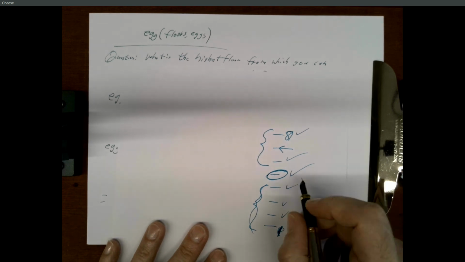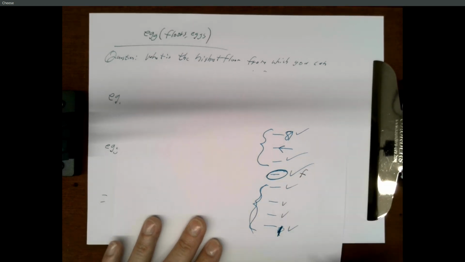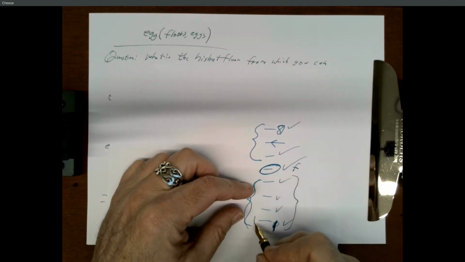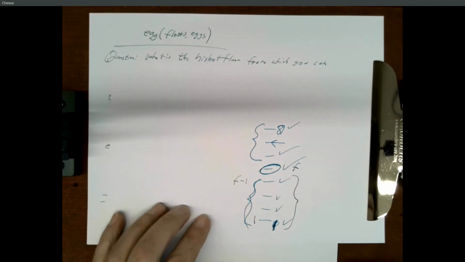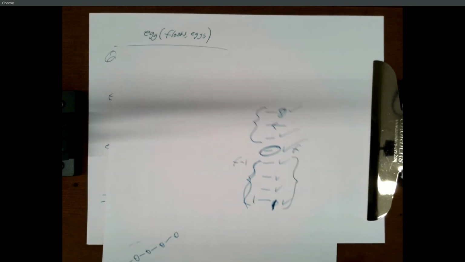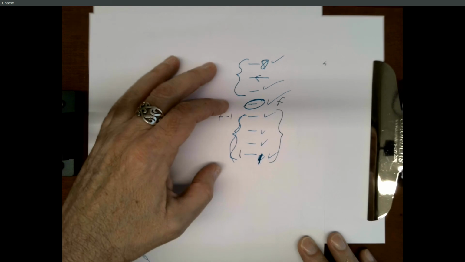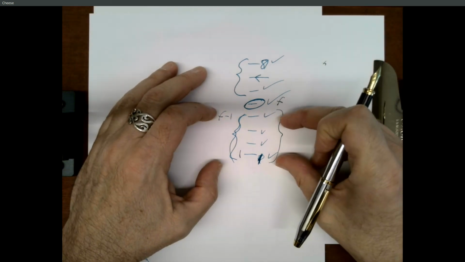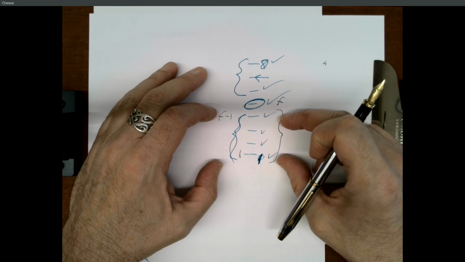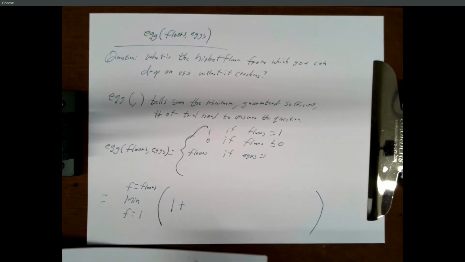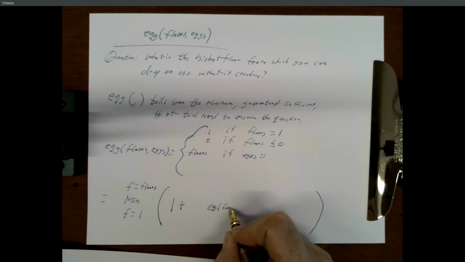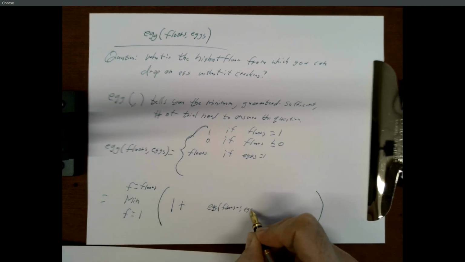So the tallest we can drop from safely must be somewhere between 1 and F minus 1. But our number of eggs has also decreased by 1. So how many trials does it take to find the answer if we have F minus 1 floors and eggs minus 1 eggs? We'll just use our eggs function. So one possibility is egg of floors minus 1 and eggs minus 1.